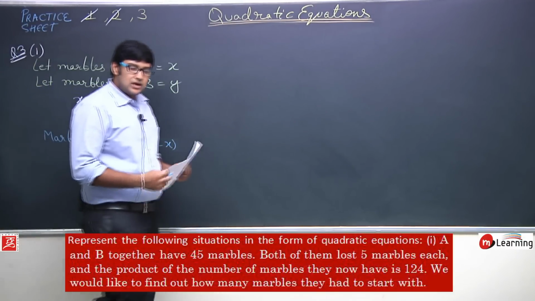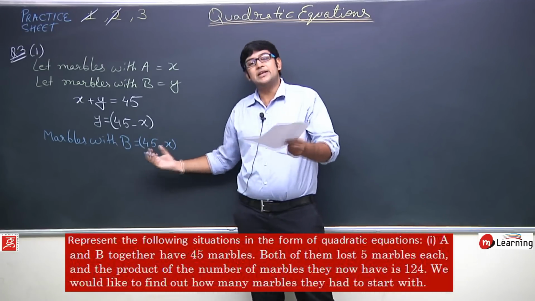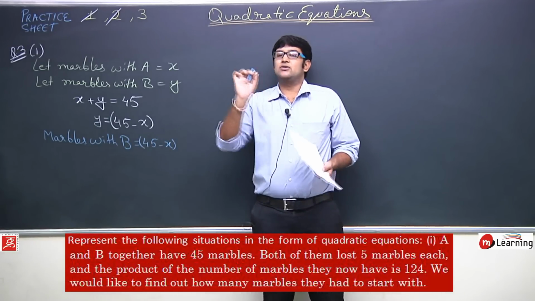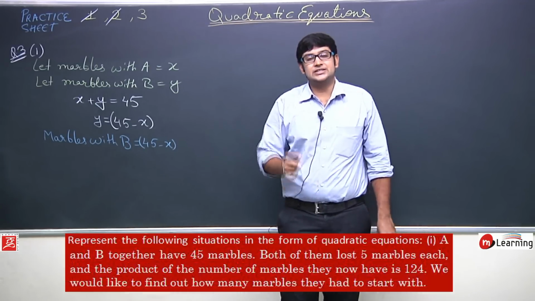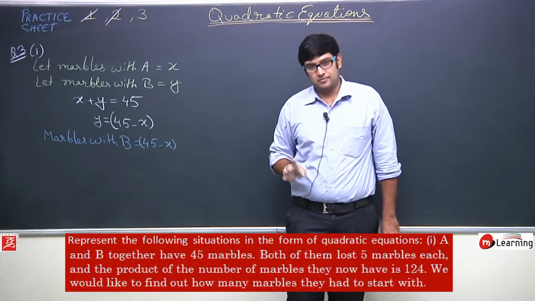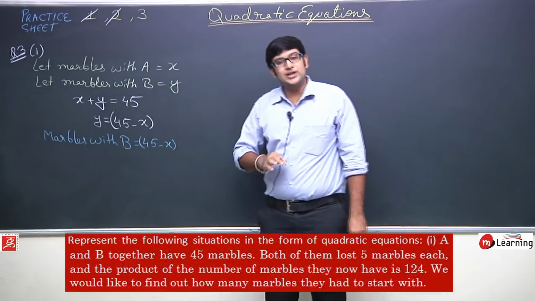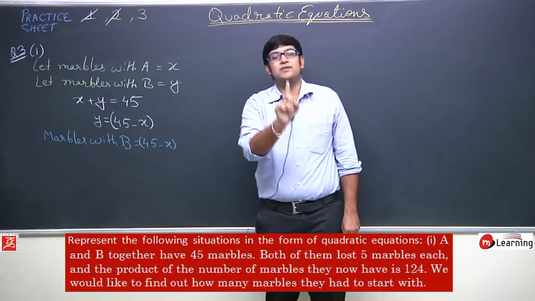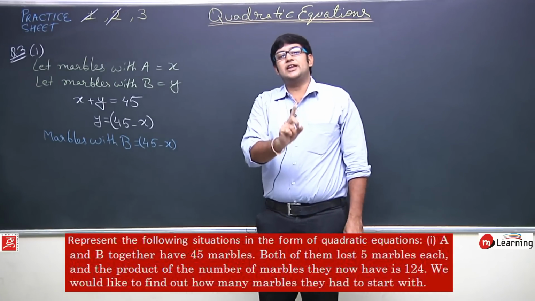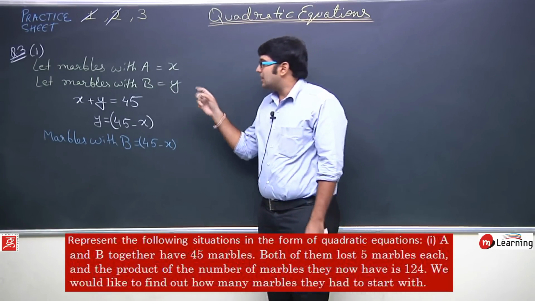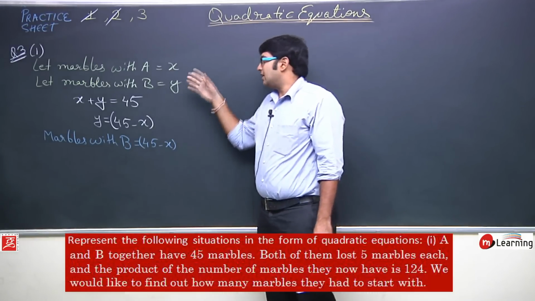Now why have I written it as 45 minus x, and why not y? It's because in quadratic equations we deal with only those equations which contain one variable. So we need to convert all the situations into one variable only. We need to eliminate y, or any other variable apart from x.